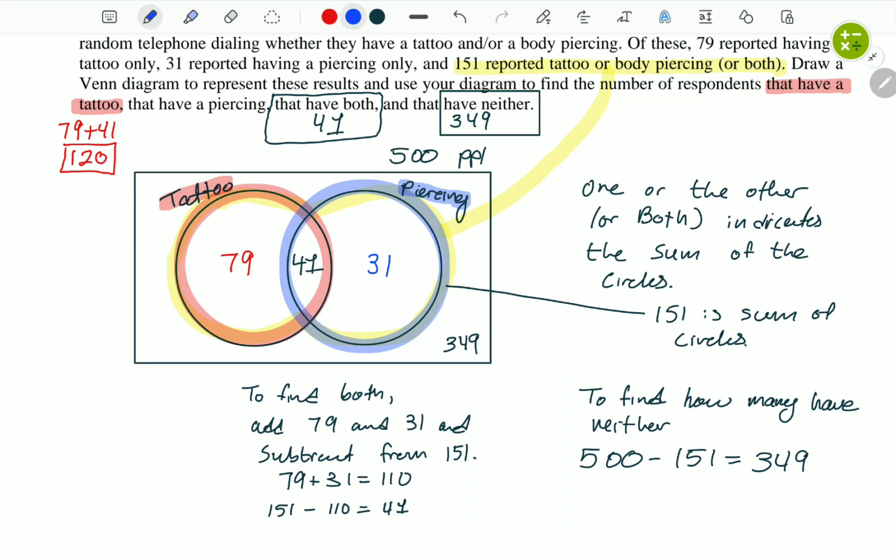Add those together. 41 plus 31, that is 72. And there we go. That is the answer to number 3.